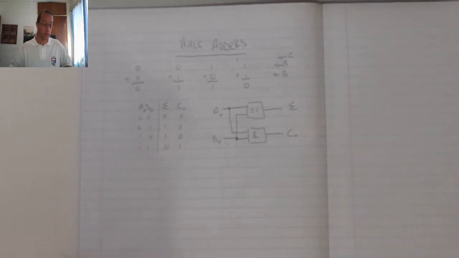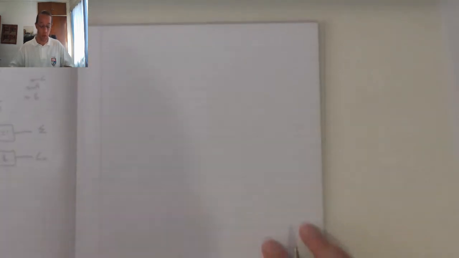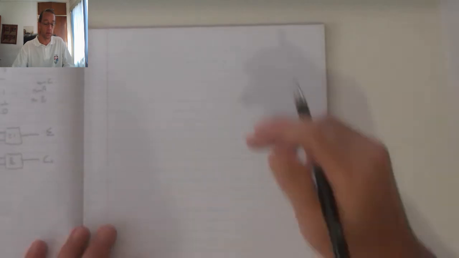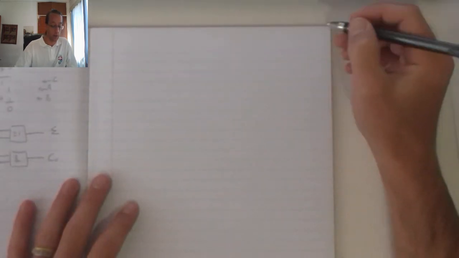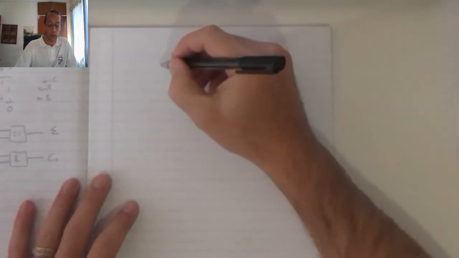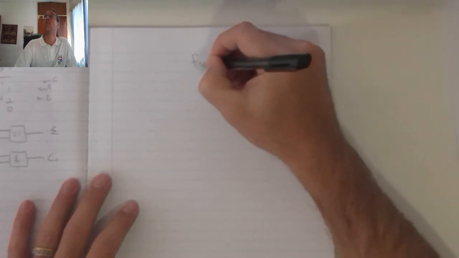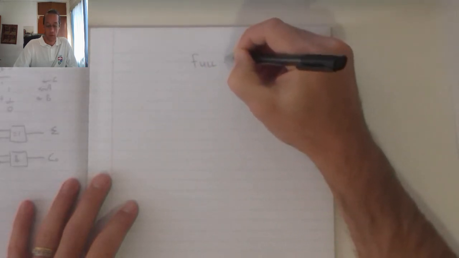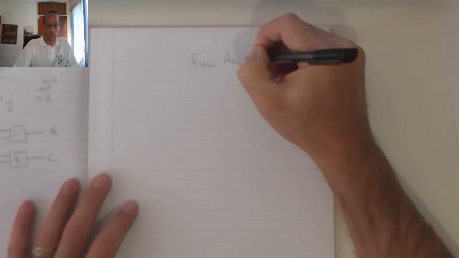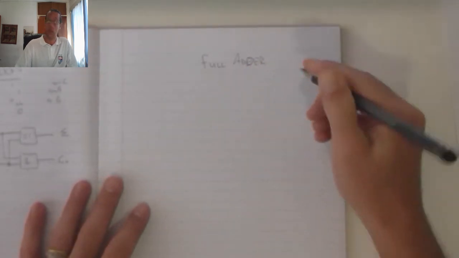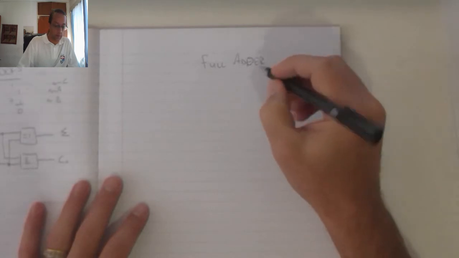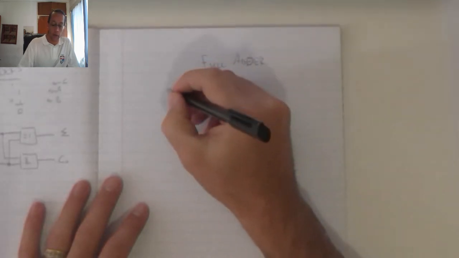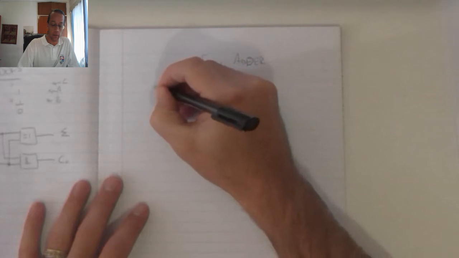Now when it comes to full adders, that's when we're adding multiple strings or strings with multiple bits together. Now when we're looking at those, full adder, okay. So the full adder works as follows. We are now adding multiple numbers.